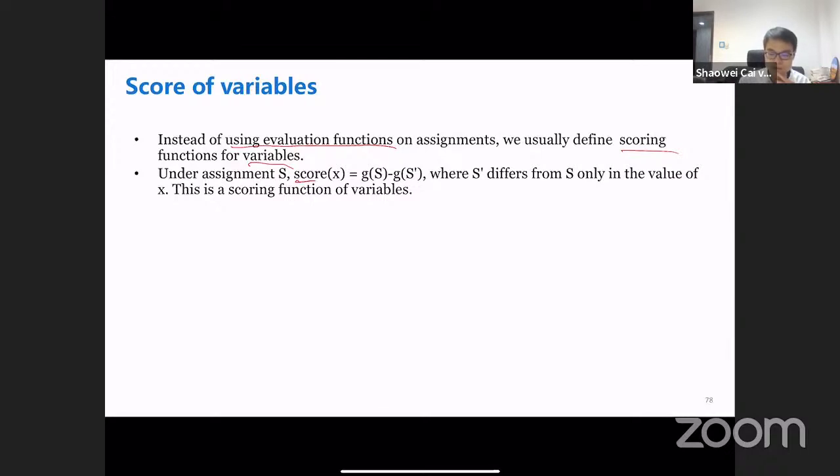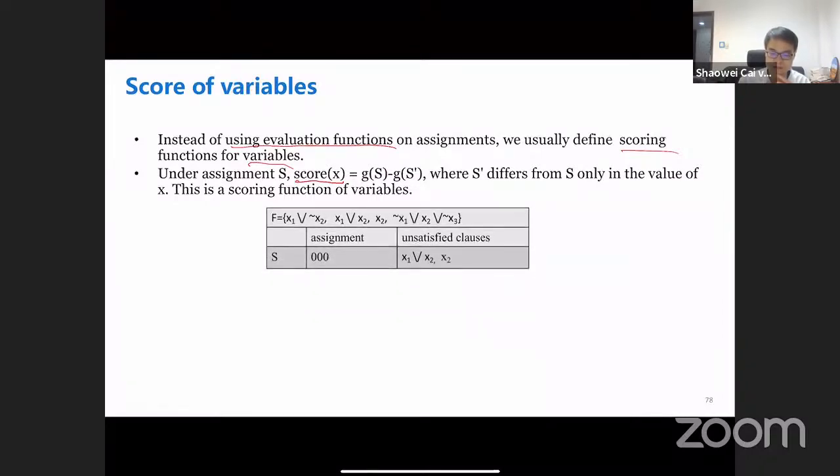For example, we have a scoring function named score, and score(x) equals g(s) minus g(s'), where s' differs from s only in the value of x. So in real practical local search solvers, we use scoring functions rather than evaluation functions.